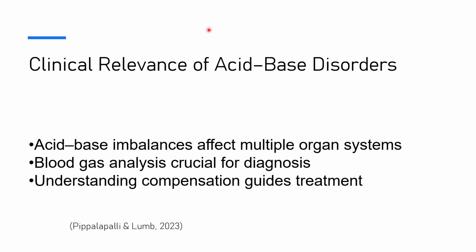The primary diagnostic method for assessing these conditions is arterial blood gas analysis. It can identify whether a disturbance is respiratory, metabolic, or mixed by analyzing the pH, carbon dioxide, and bicarbonate levels collectively.